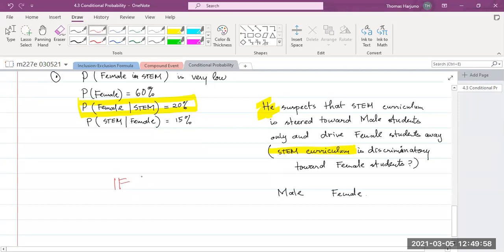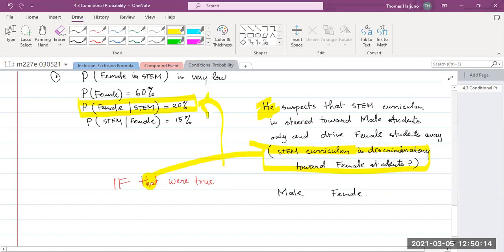I should say, if that were true, that the curriculum is discriminatory simply because the female participation in STEM is lower, what will you say about the nursing major?